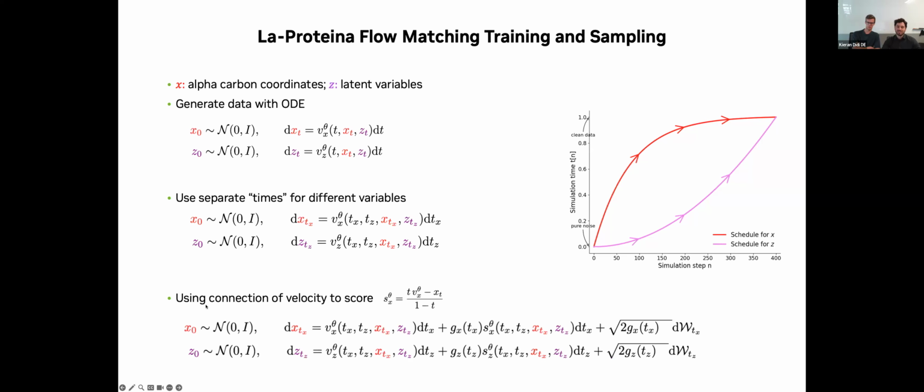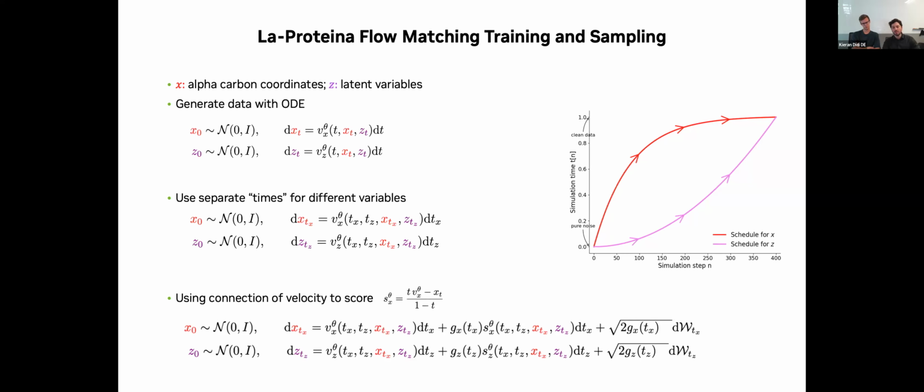So we can build an SDE to sample the same distribution. The idea is that for any g, which we call the stochasticity schedule, which controls the amount of noise that you inject at every step, these SDEs and ODEs define two different processes, but they have the same intermediate density. So if you simulate the ODE and the SDE, in principle, ignoring discretization errors, you should get samples from the same distribution.